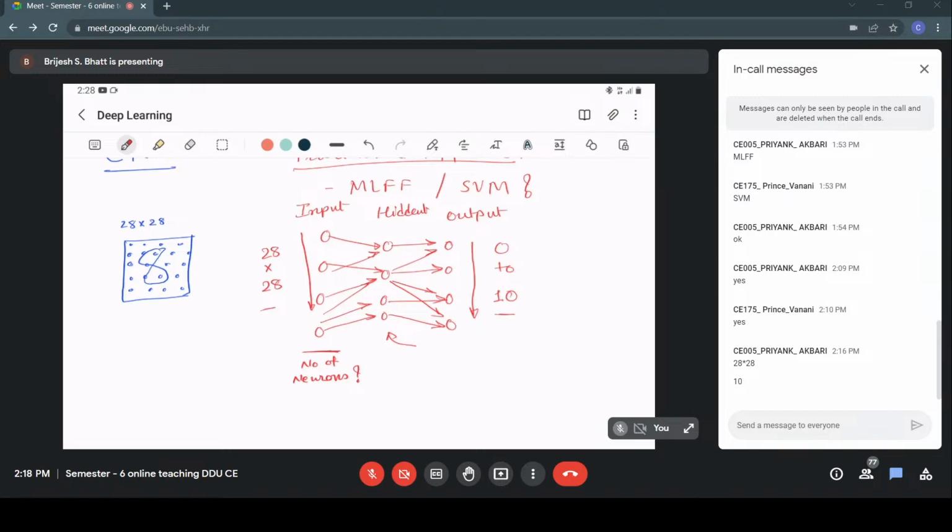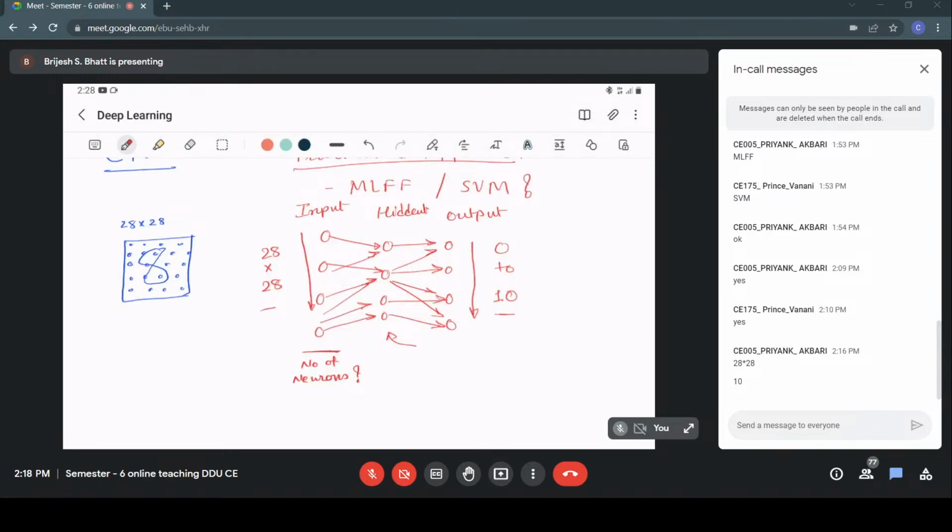Now, we know that 28 cross 28 is a lot of dimensions and we want to reduce it. So what would you do? How do we reduce this number of dimensions? One way is to do some feature engineering.